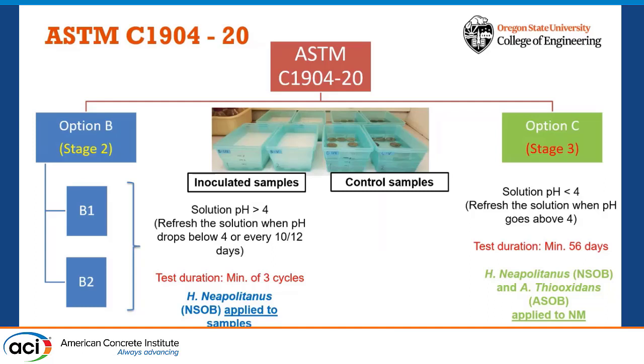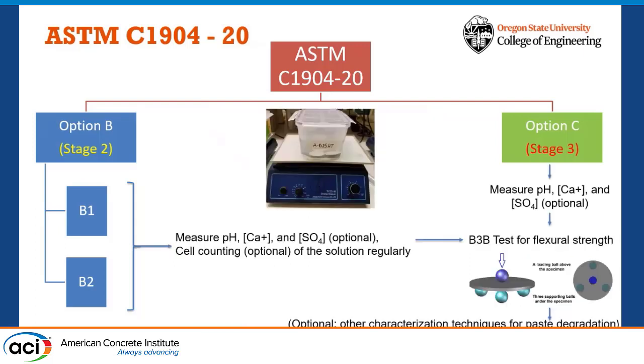Basically, we have control samples without any bacteria exposure, and we have inoculated samples with bacteria exposure. And during our testing time, we measure the pH, calcium ion concentration, and sulfate concentration, and at the end of the test, we apply the B3B flexural strength test to find the strength loss and calculate the thickness loss and corrosion rates.